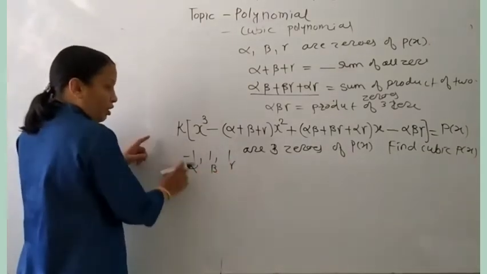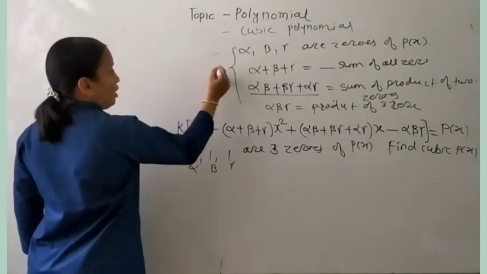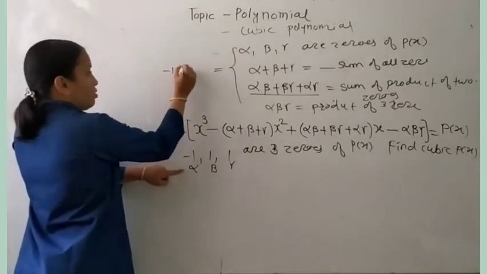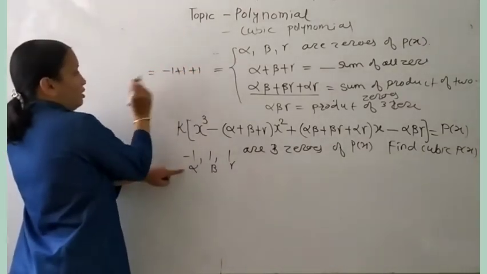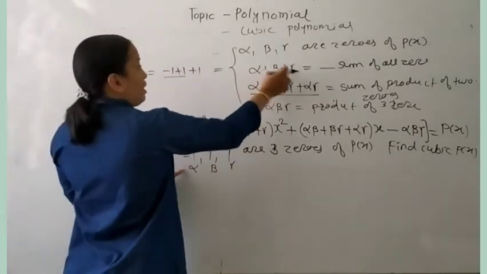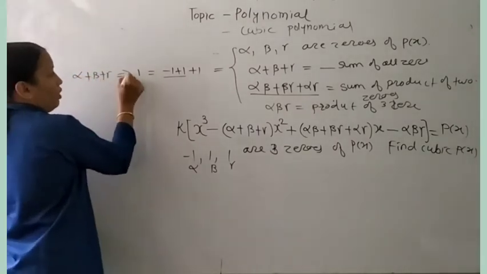Write this equation. First find out these all the things. Now यहाँ पे अल्फा प्लस बीटा प्लस गैमा क्या हो जाएगा? -1 +1 +1, that is only 1. ठीक है.